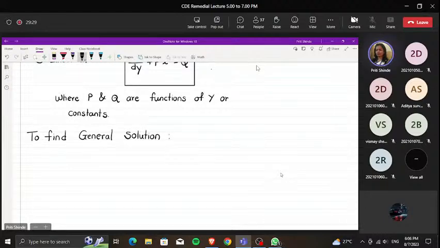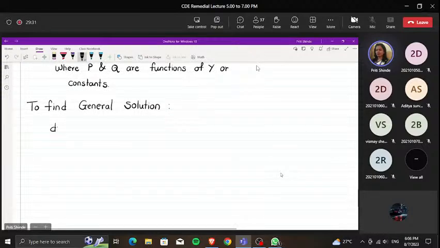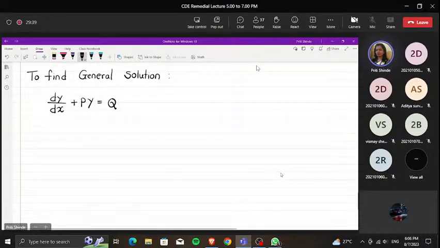Suppose my differential equation is linear in y, dy by dx plus py is equal to q. So if your differential equation is linear in y, then integrating factor is e raised to integration of p dx.